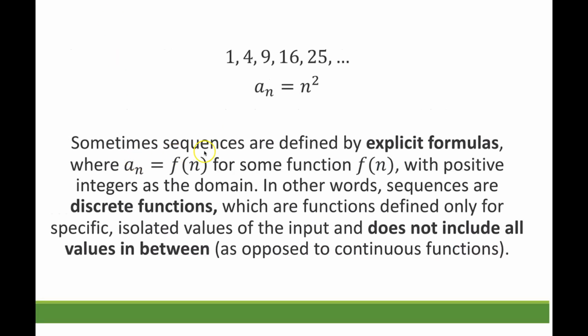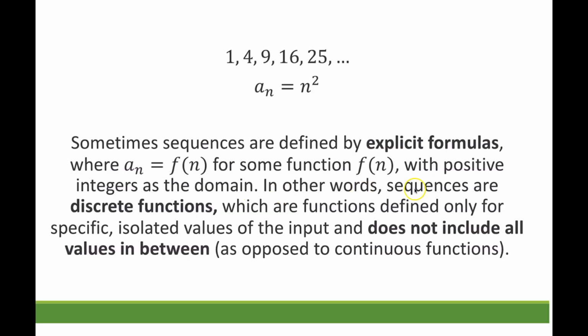Now, sometimes sequences are defined by explicit formulas, where a sub n is equal to f of n for some function f of n with positive integers as the domain. So notice that we only substituted in 1, 2, 3, 4, 5 positive integers.